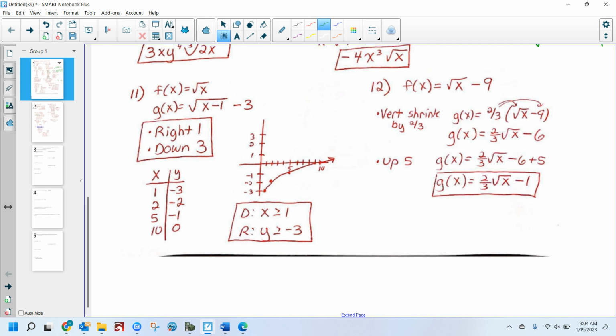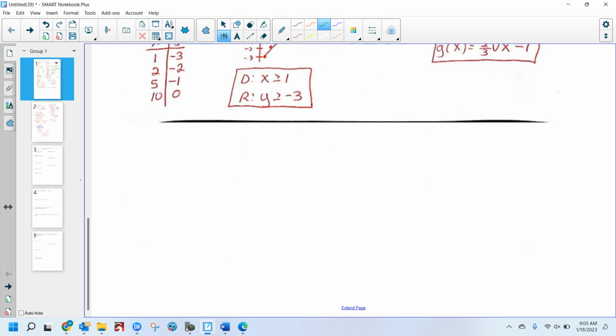That's where we have to graph it and find the domain and range. Yeah. Like that?